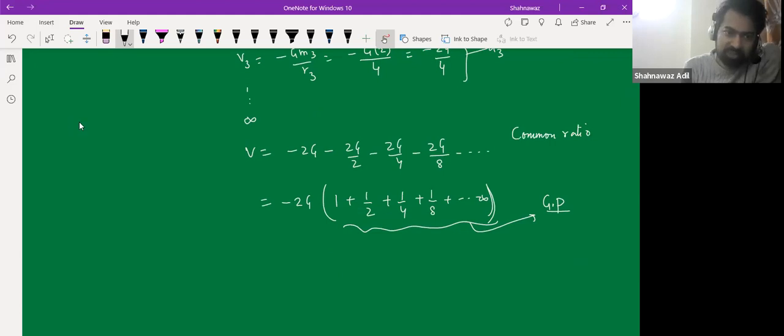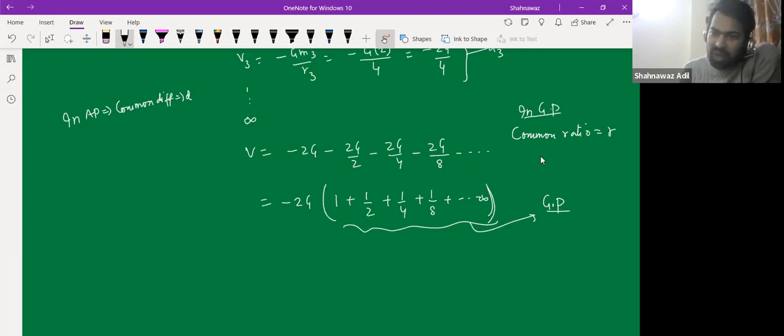In AP we have a common difference, which is D. In GP, we have a common ratio, which is R. And how do we calculate this R? R is A2 by A1, where A2 is 1 by 2 divided by 1, so this is 1 by 2.